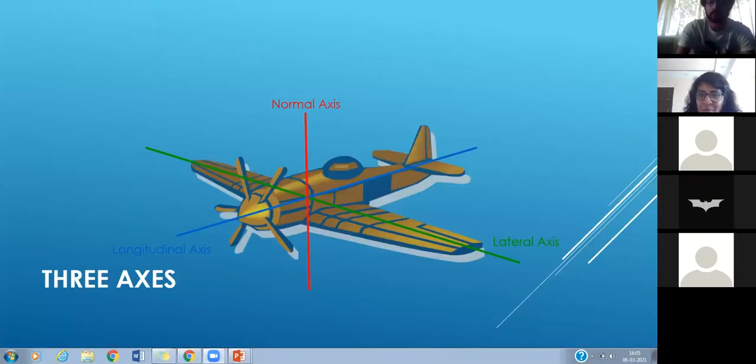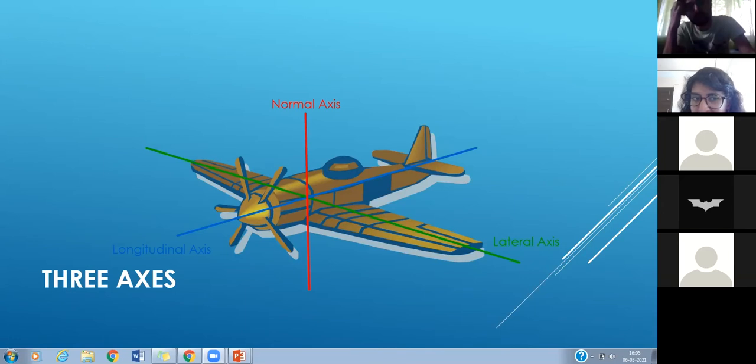So this line from top to bottom is the normal axis, and that helps the plane turn. So if it's flying towards you, it's going to turn like a car in 2 dimensions. Okay, understood. I understood, but I'm hoping the others did.